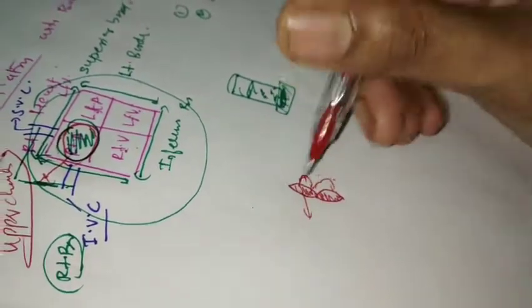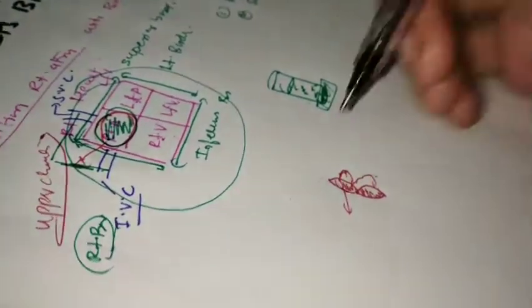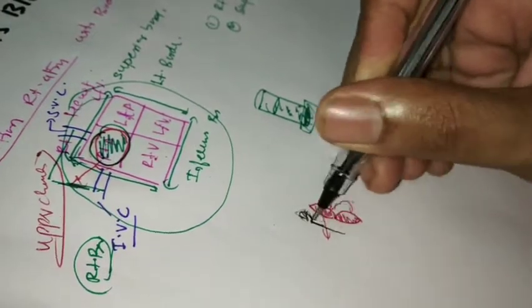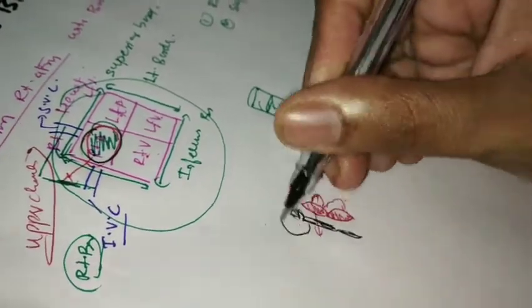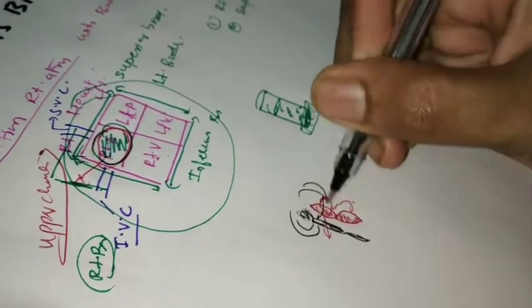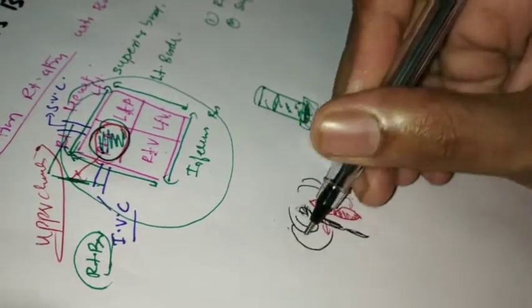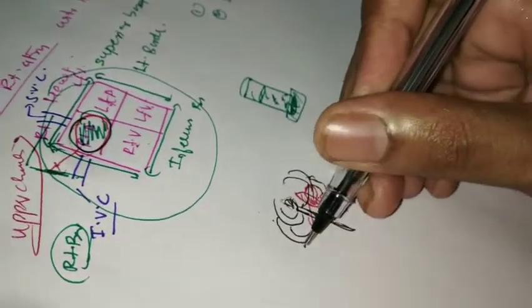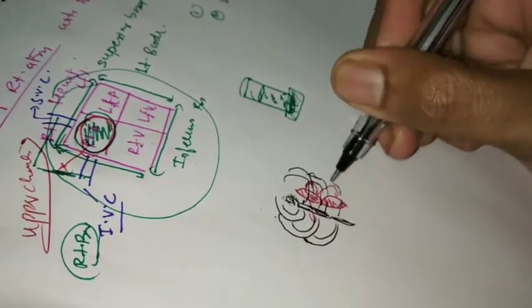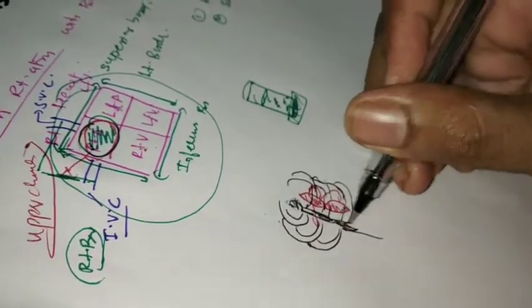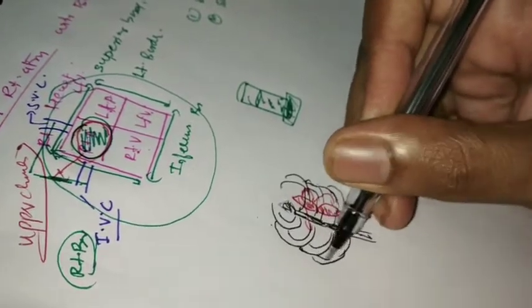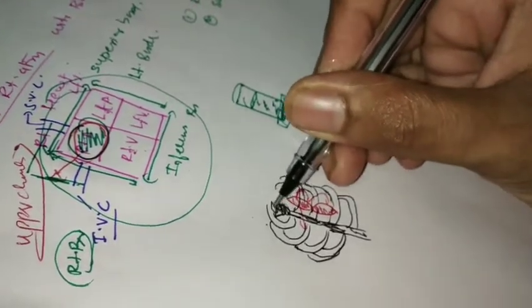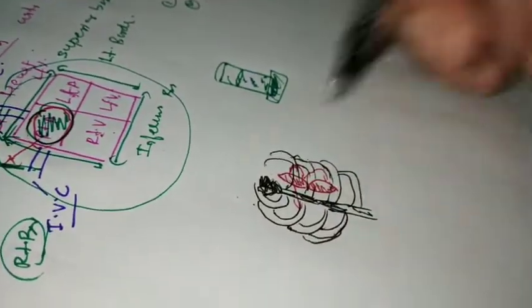If I just draw ribs like this, this kind of your ribs, it's just a random diagram.